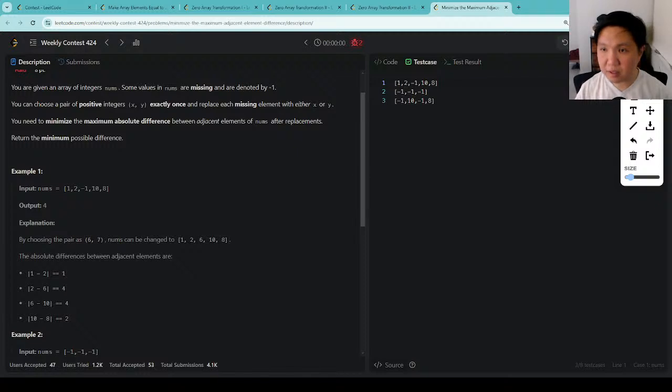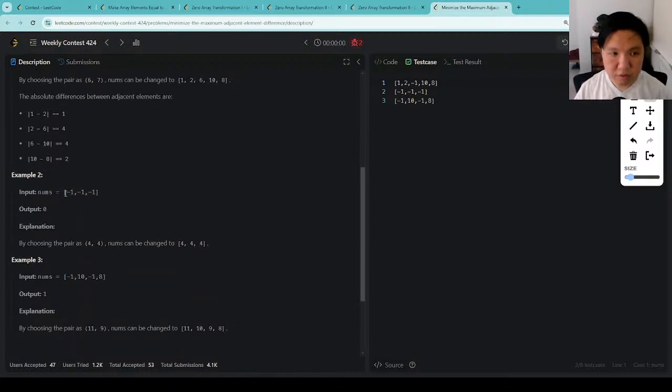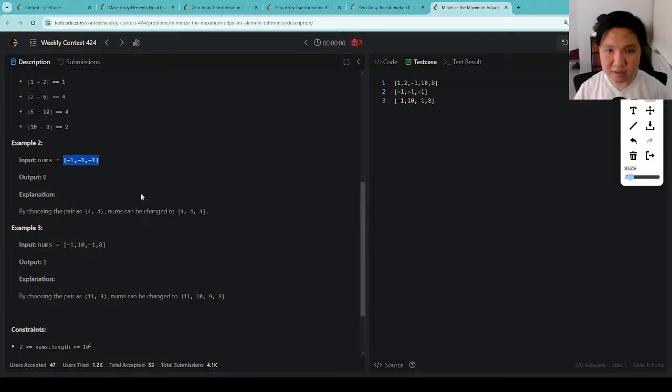Let's try another example. So this one is all -1s. So with all -1s, you can choose any number you want, you'll be happy. And then this one is more interesting. This one is basically x, 10, x, 8.